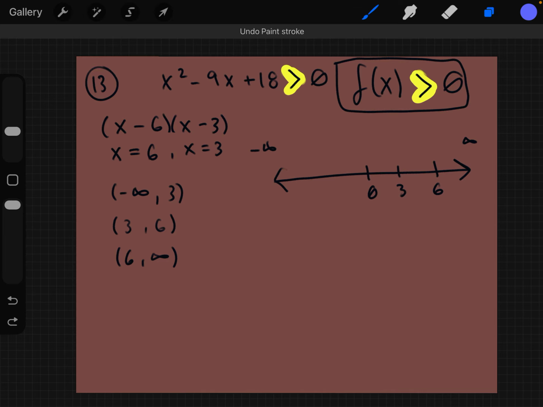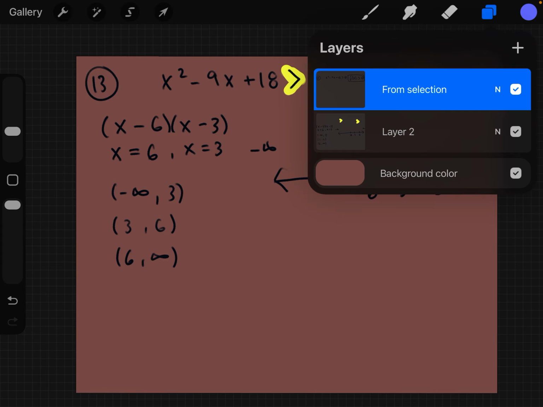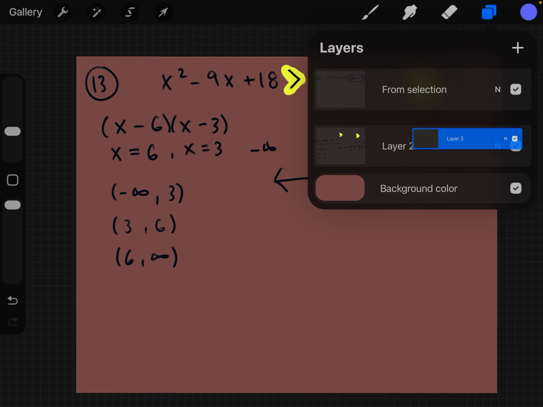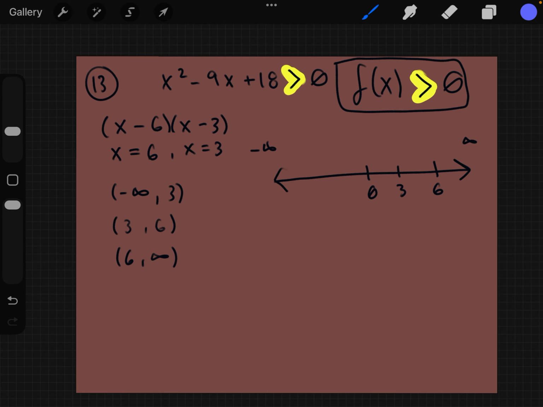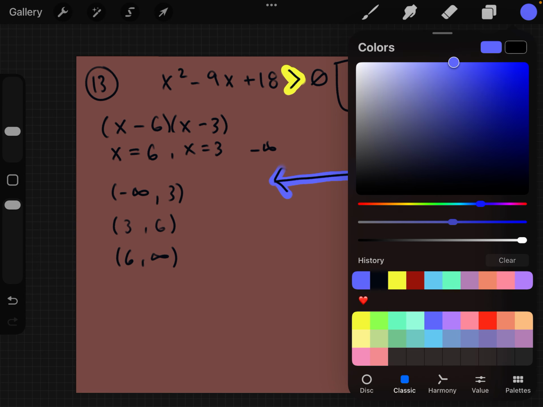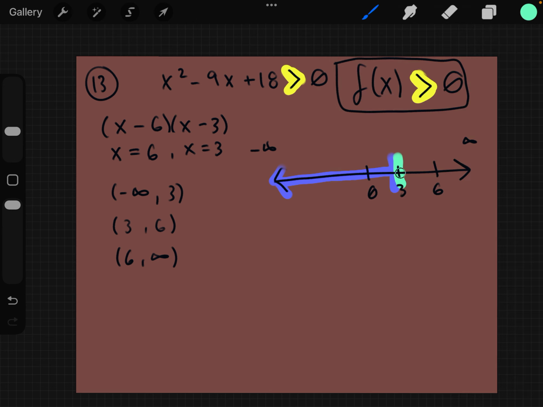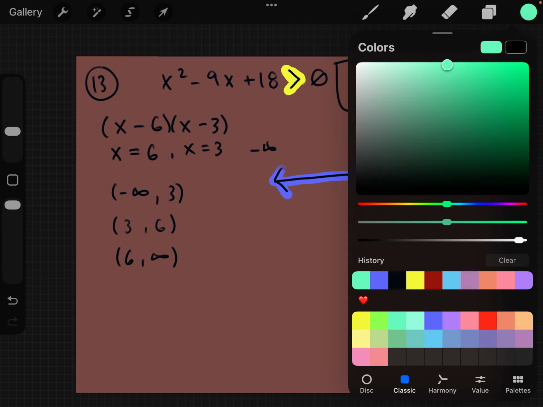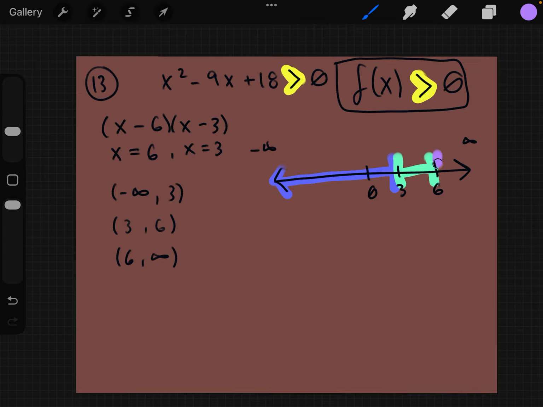Oh no, messed up my layers. Negative infinity to 3 is one section. 3 to 6 is another section. And then 6 to infinity is another section.